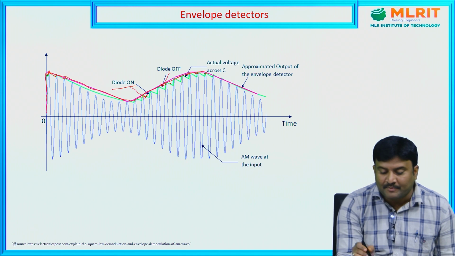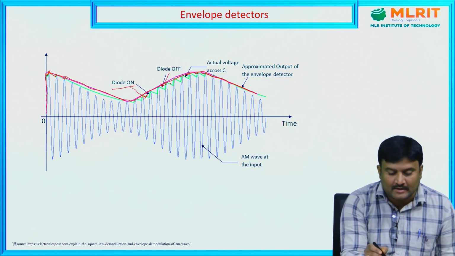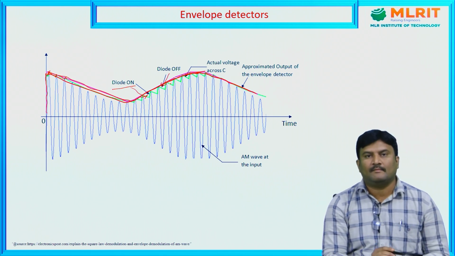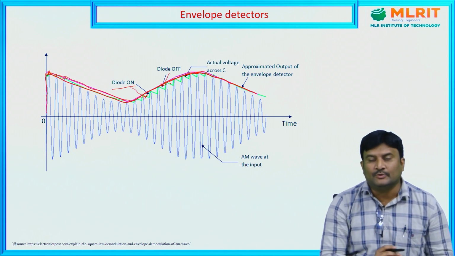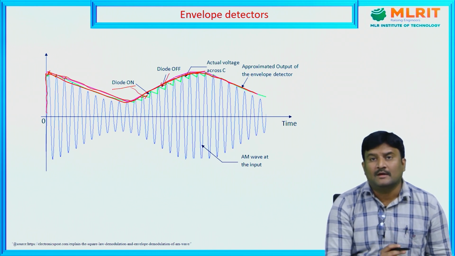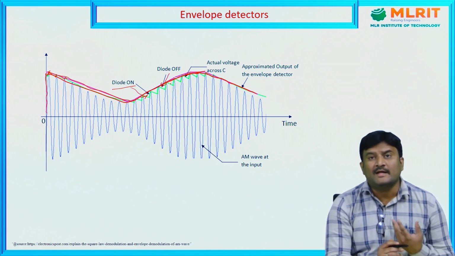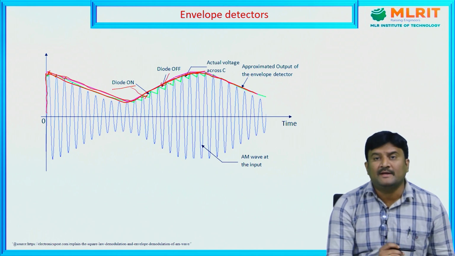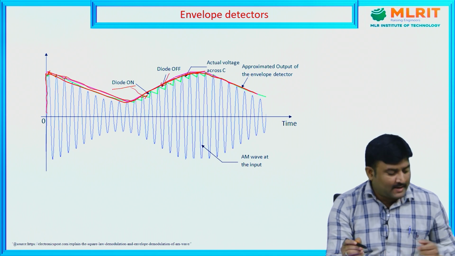The approximate output envelope is likely our information signal. With the envelope detector and the capacitor, we conclude we got the envelopes. When you touch all the envelopes, it should be a message signal. The envelope detector output should be a message signal.